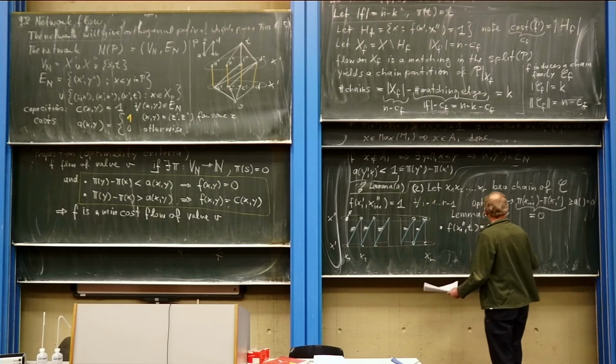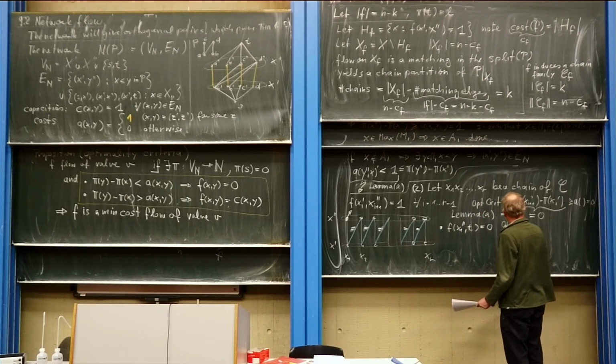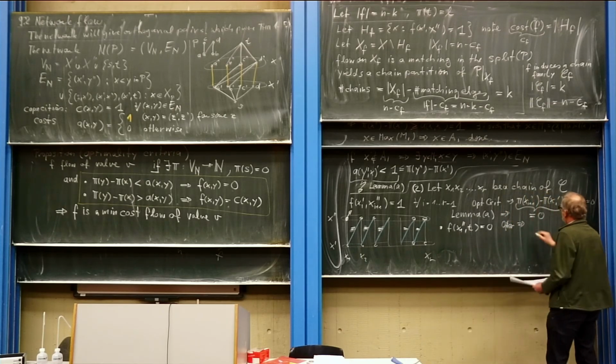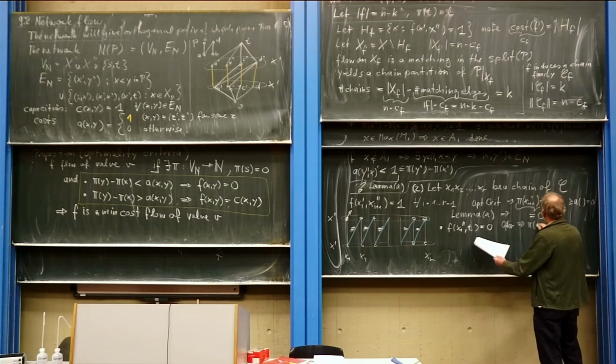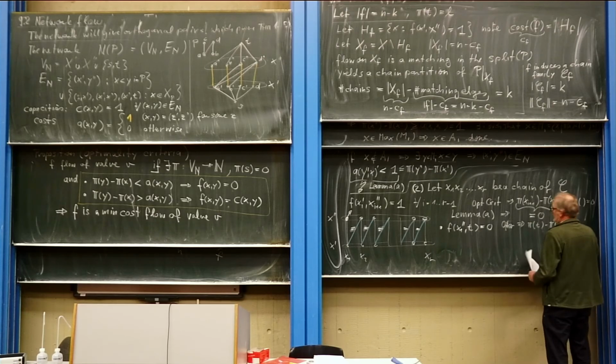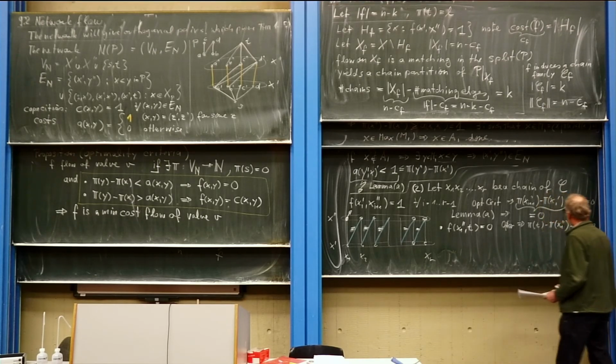And now, again, the optimality criteria tell us that pi of t minus pi of x1 double prime is less equal the cost, which is again 0.